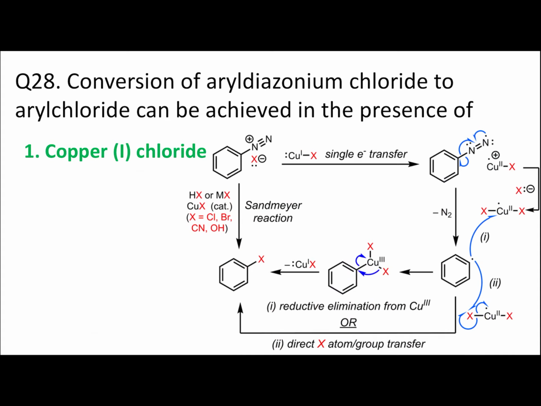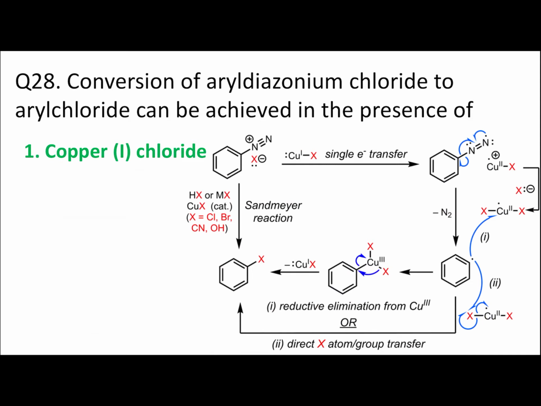Diazonium means there are 2 nitrogen or 2 aza compound, and from aryl diazonium directly you can see the name of the reaction is given, Sandmeyer reaction. It is called Sandmeyer reaction, and aryl halide, or aryl chloride, is prepared.